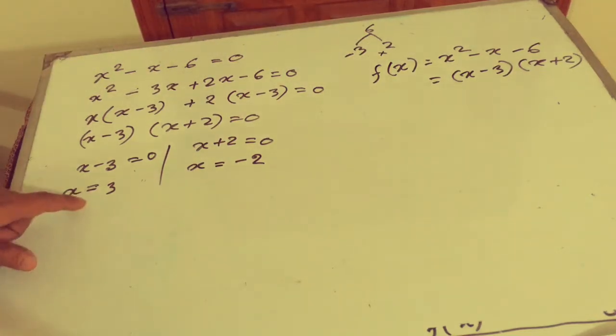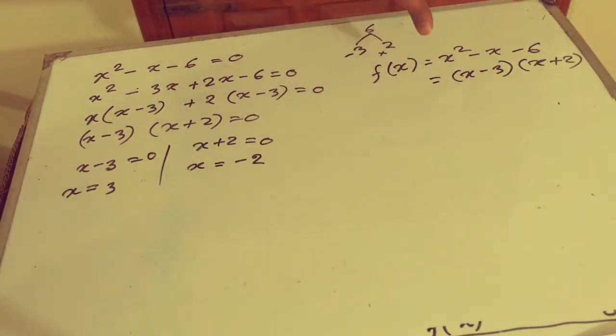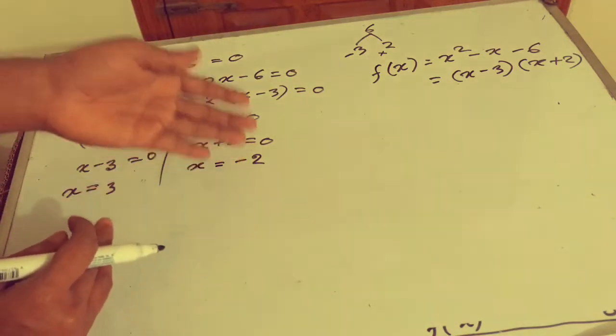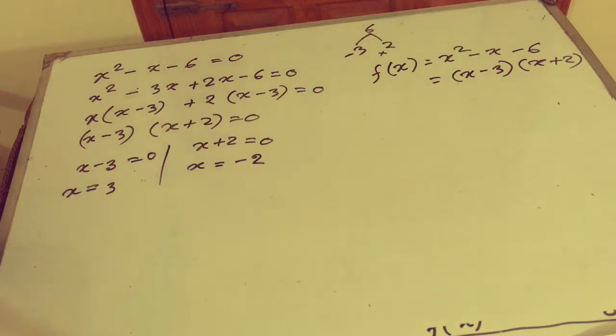And you see this 3 and this 3, it is actually the same thing. Both of these are just different ways of writing it. What this x equals 3, x equals minus 2 signifies in this situation is our main thing, and if we understand that, we will understand real zeros and multiplicity.